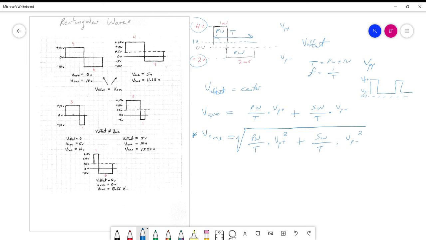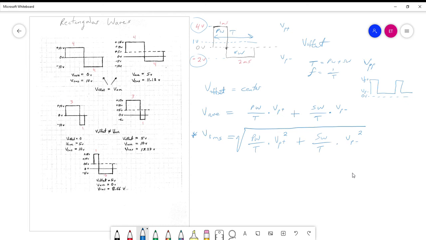So I really have 7.5, 3/4 times 10. 3 out of 4, 3/4 of the time I'm at 10 volts. The period's 4, so 1 out of 4, 1/4 of the time, I'm at negative 10. That's negative 2.5. Add them together, 7.5 and negative 2.5, right?